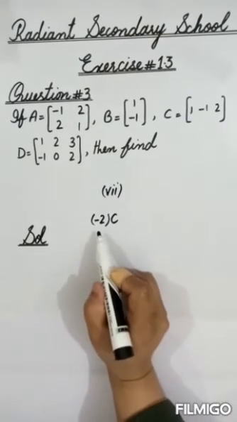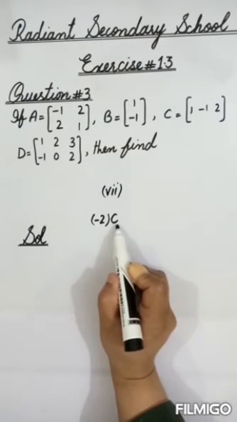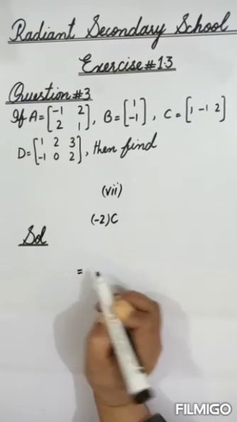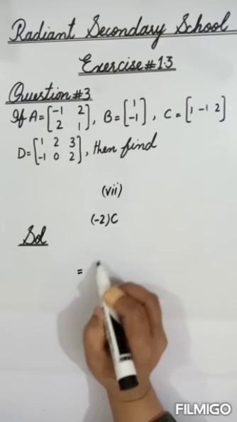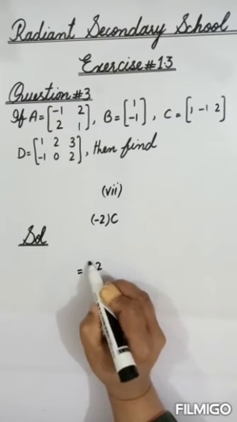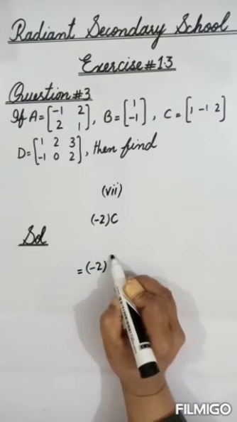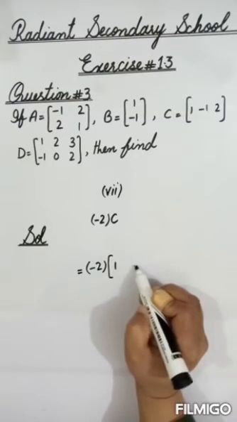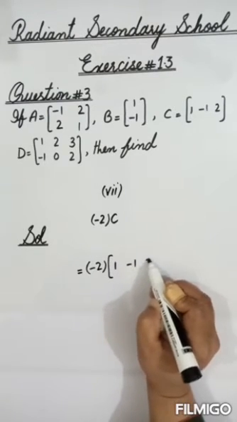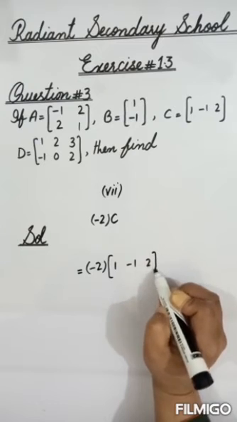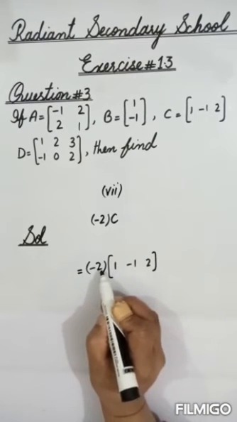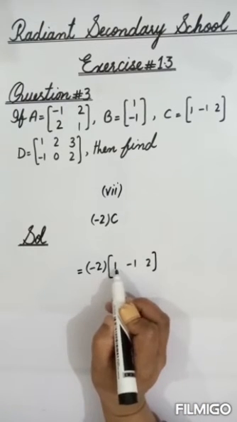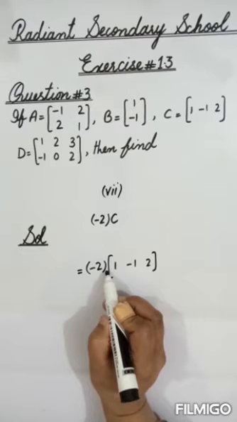Now the seventh part is -2 into C. The solution of the part number 7 is -2 remains as it is, and we have to put the value of C. The value of C is 1, -1 and 2. Now students, between the -2 and the given matrices there is the sign of multiplication.